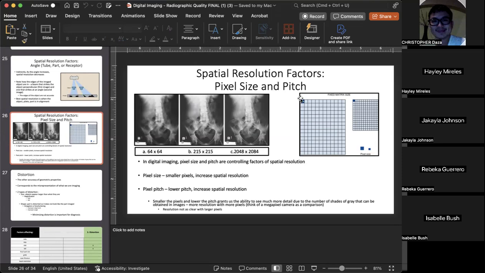The smaller the pixels, the better we can get more shades into an image. And so with more shades and more surface area, we're able to see more than when we have larger pixels and not as many, right? Because then we start to see averaging occur and it doesn't look sharp.